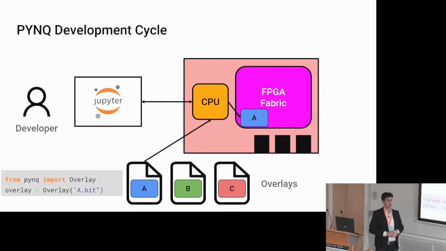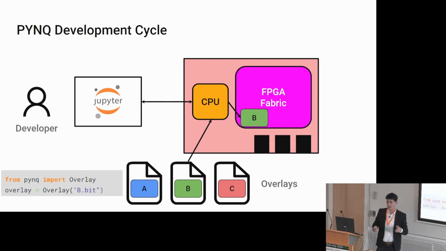In Python, he only needs to write these two lines, and after he executes them, the CPU will read the overlays, which are usually stored on the SD card. Then the CPU will load it onto the FPGA fabric, and the developer can utilize the accelerator.